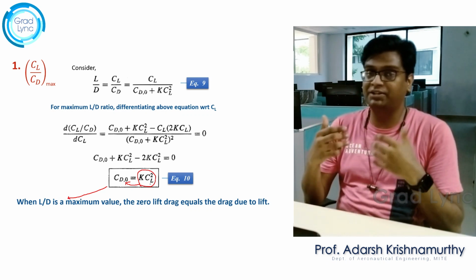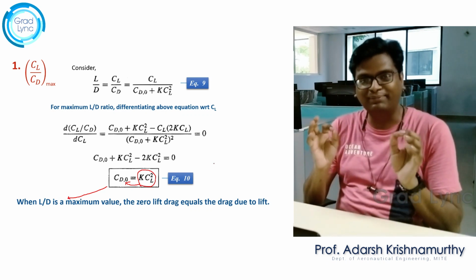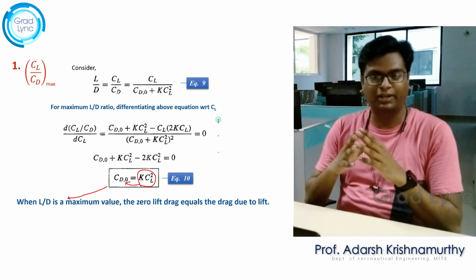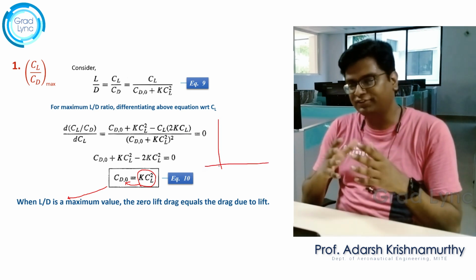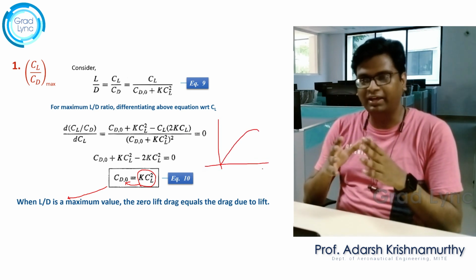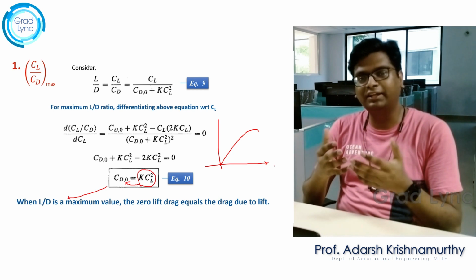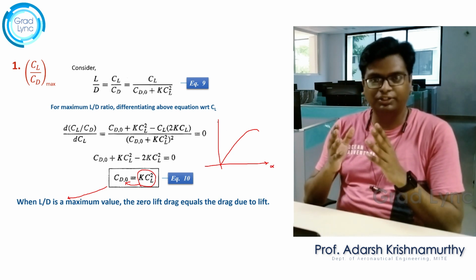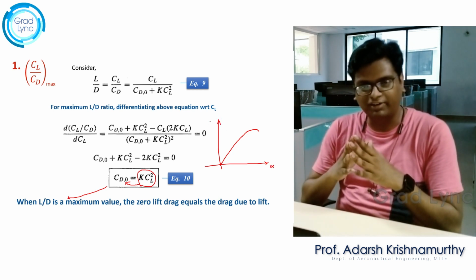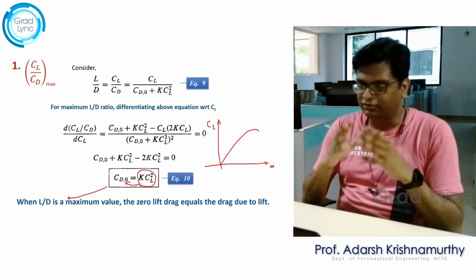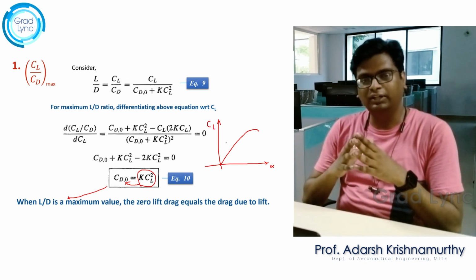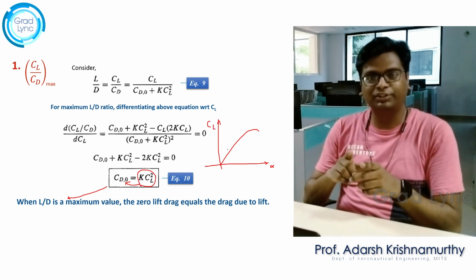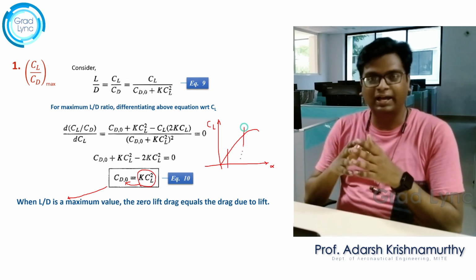Right? What do you mean by changing coefficient of lift? It means changing the angle of attack. All of us know that for a given airfoil, we have the relationship between the coefficient of lift versus the angle of attack. Right? So for any airfoil, I can change the coefficient of lift by changing the angle of attack.